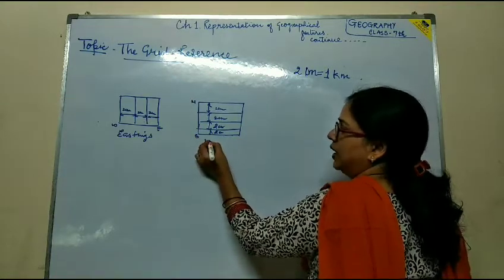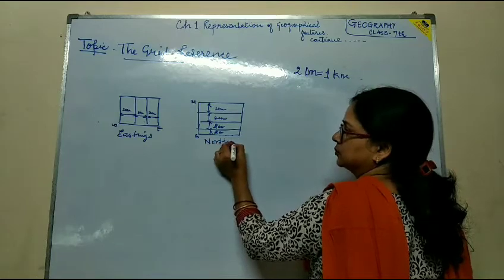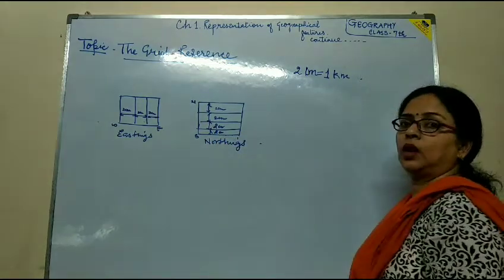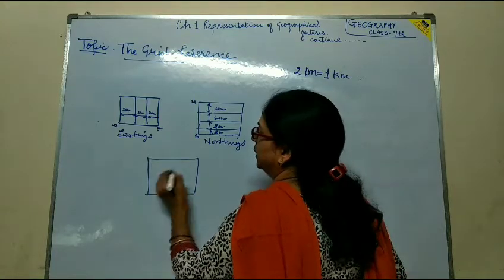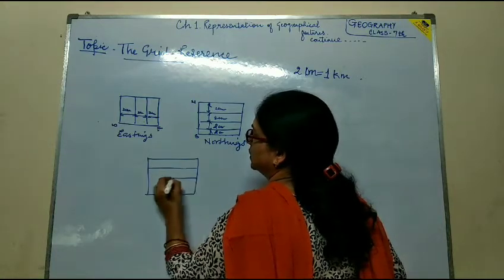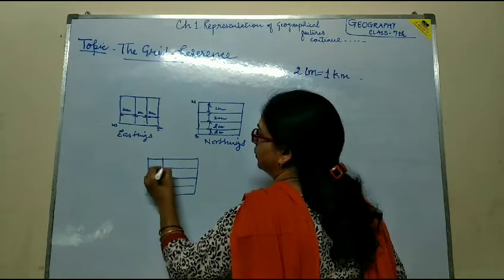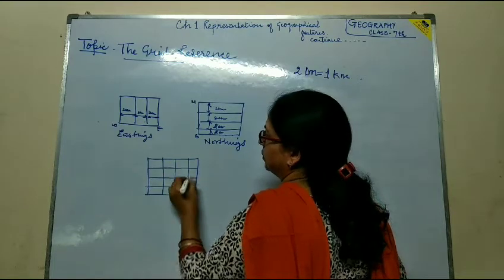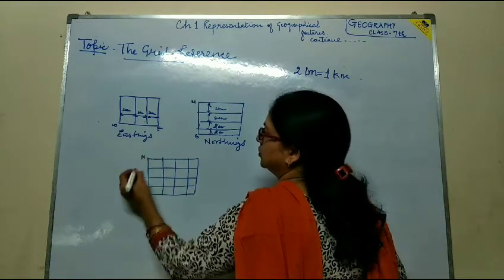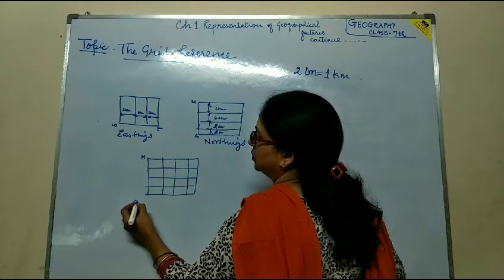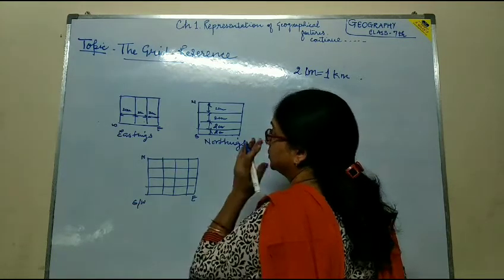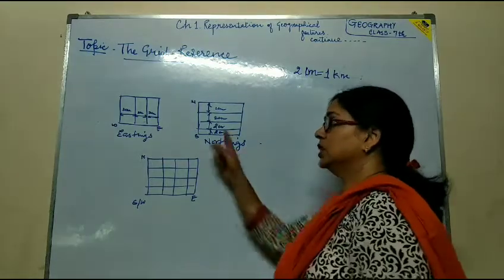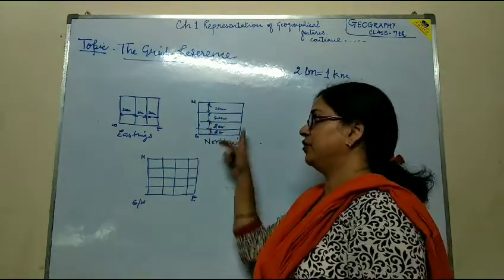These lines are called northings. When we combine both together, we will find a sketch like this: north, south, west, east. This is called the grid reference.